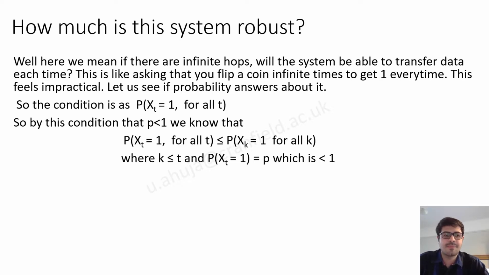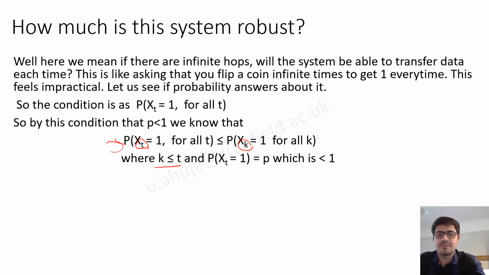We know that P(X_t = 1 for all t) is less than P(X_k = 1 for all k), where k is less than t. Here k is the number of hops, and it is less than the number of hops in this case.